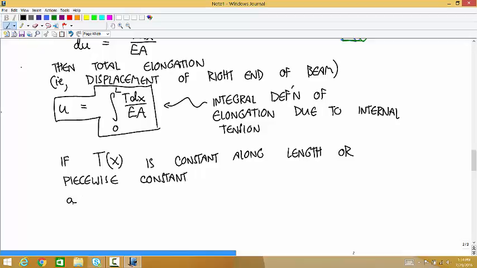The first one is if it's constant along the whole length, then the displacement is equal to TL over EA.